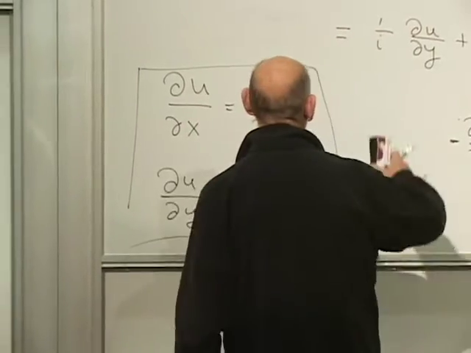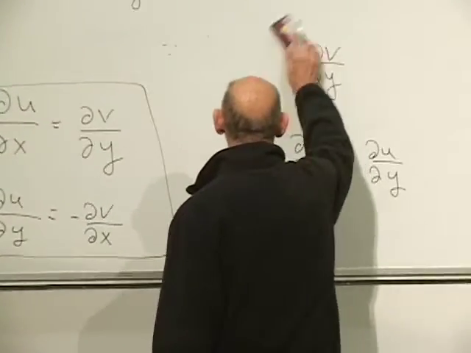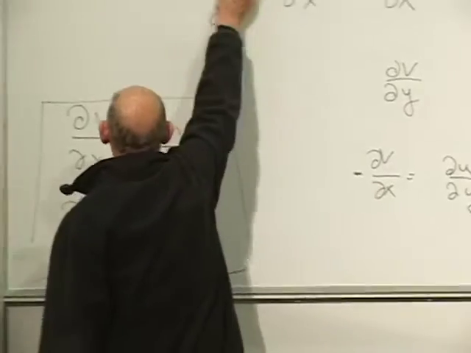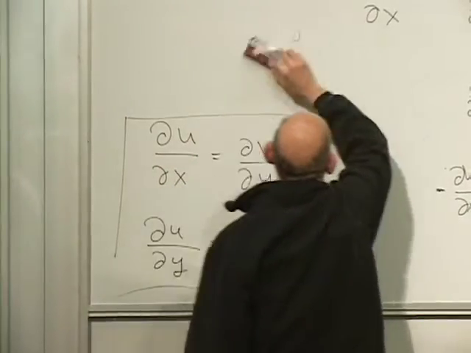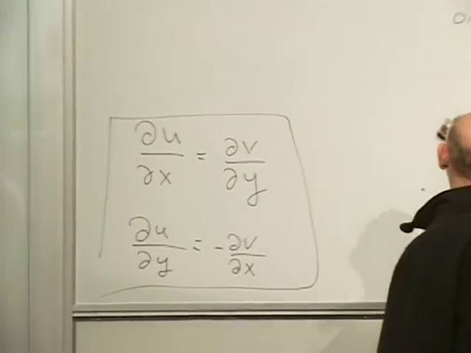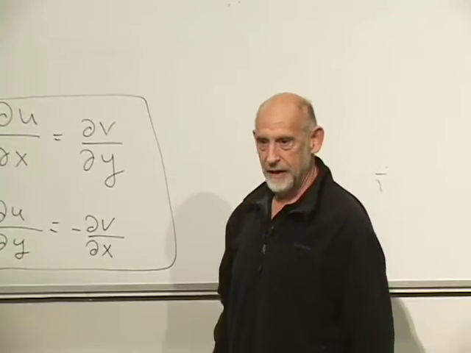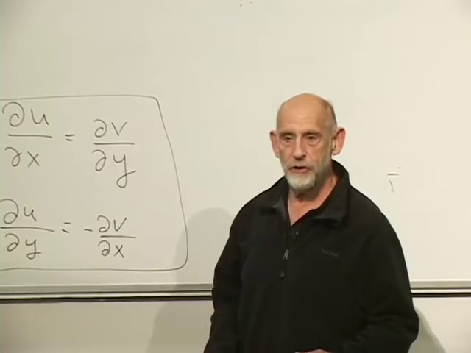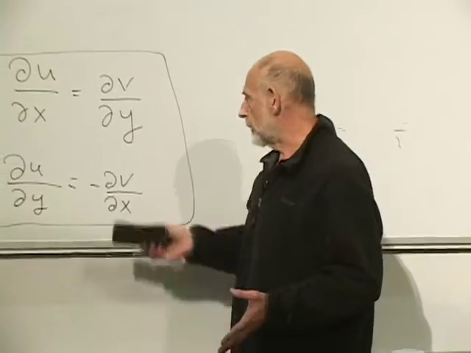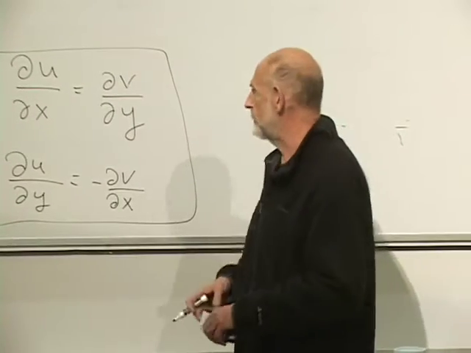Now let's look at these equations a little more, just for fun. See what they say. They're coupled equations for u and v. Can we uncouple them and write an equation just for u and an equation just for v? Yes, we can. Here's the trick.